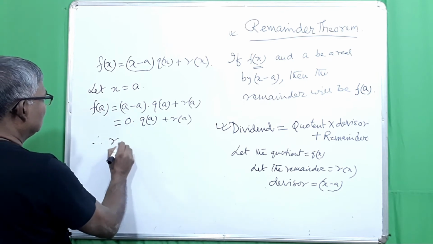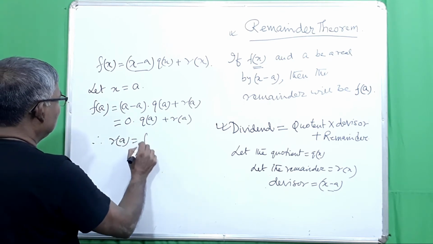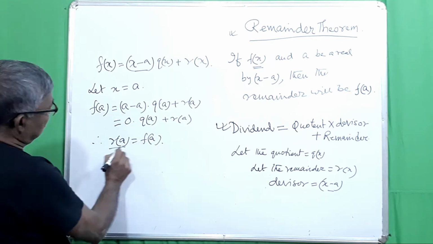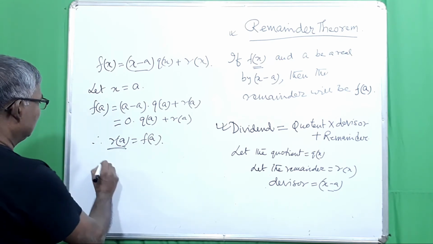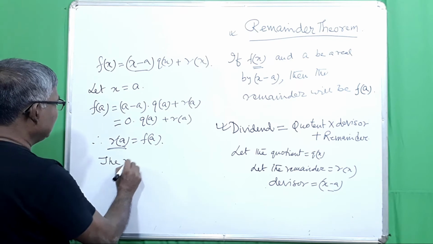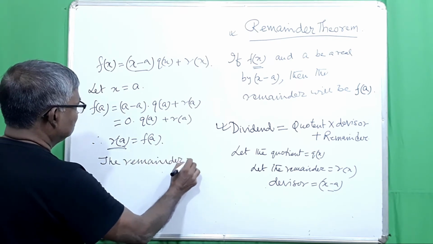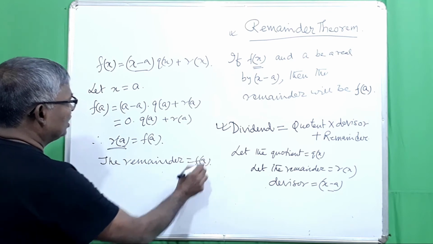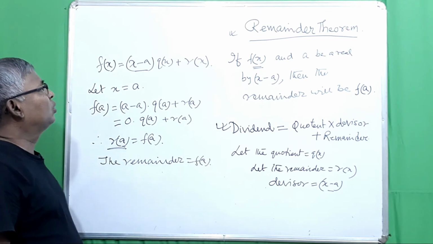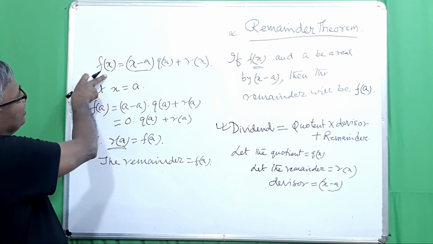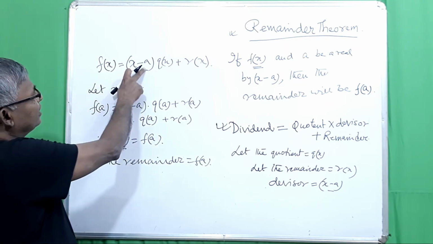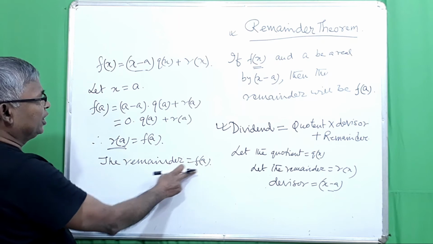Therefore r(a) equal to f(a). What is r(a)? That is the remainder is f(a). So what we get, if we divide f(x) by x minus a, the remainder will be f(a).